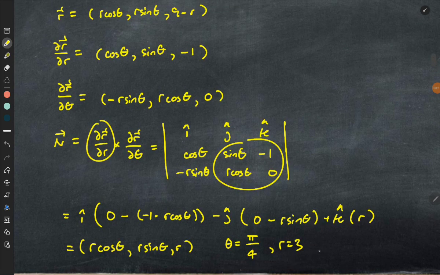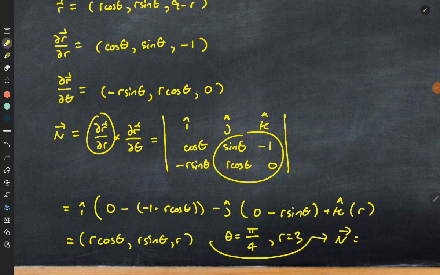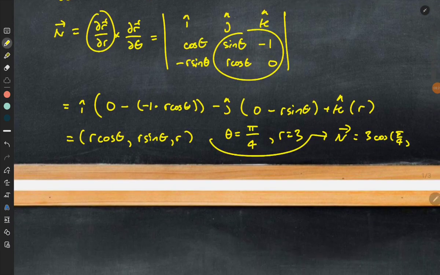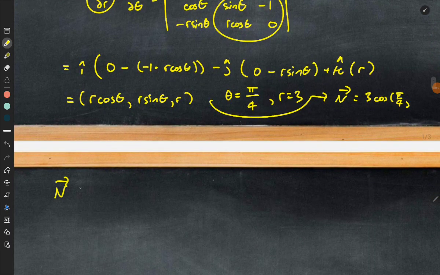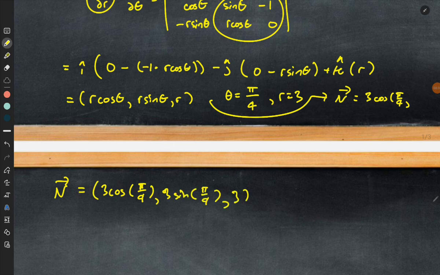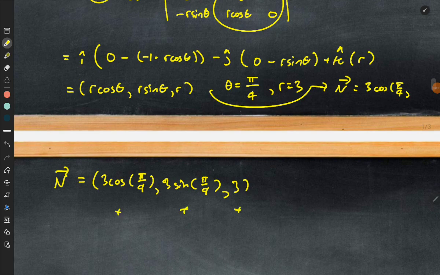So then this would make our normal vector 3 cosine pi over 4, 3 sine pi over 4, and 3. These are all positive values.